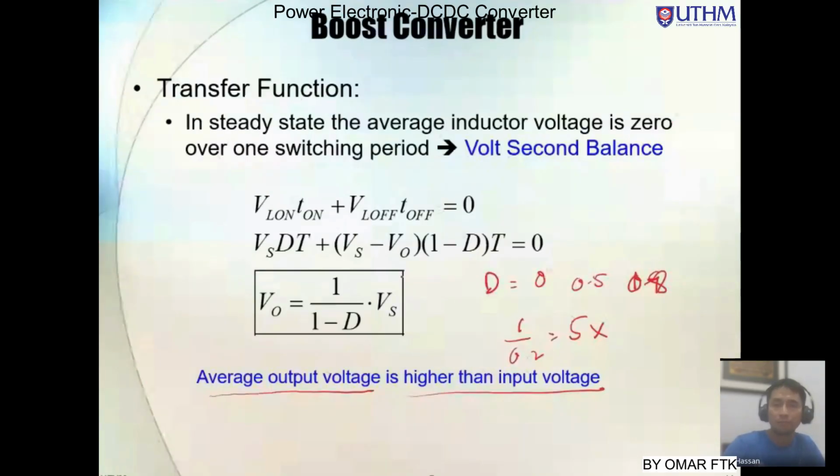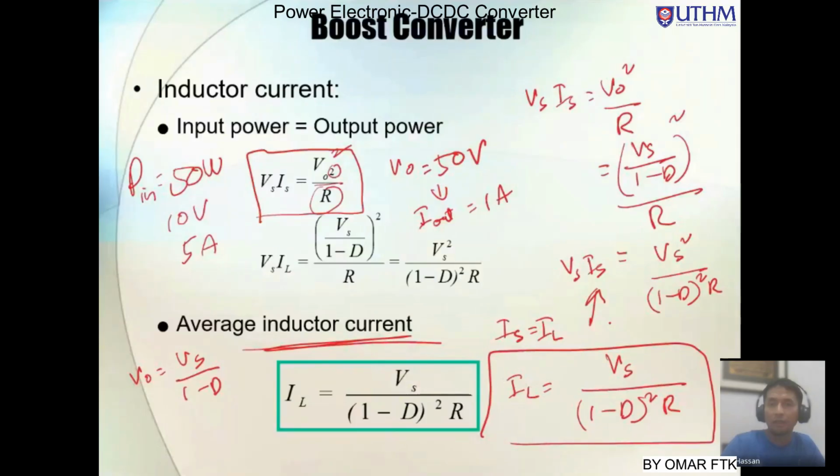Okay. So this is the one that I mentioned before. To determine the inductor current, usually the output power is the same as the input power, right? So we cannot increase the power that you transfer from the input. That is the power that we get in the output, plus losses.